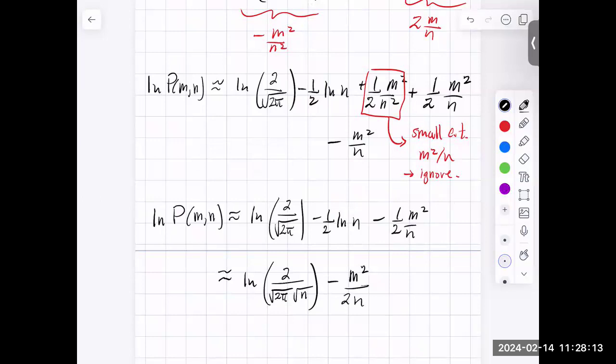So finally, what we'll do now is we're trying to get this Gaussian distribution. We want this to look like a Gaussian distribution. So now we've taken the ln of the thing. Let's take the exponential, so we get rid of the ln.